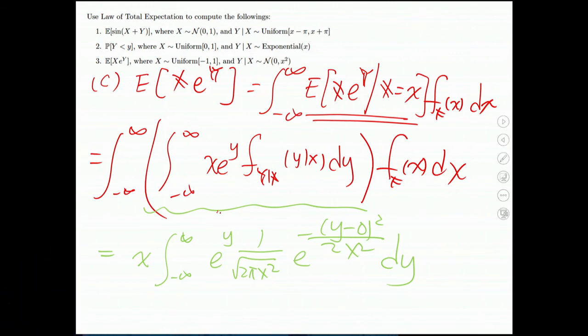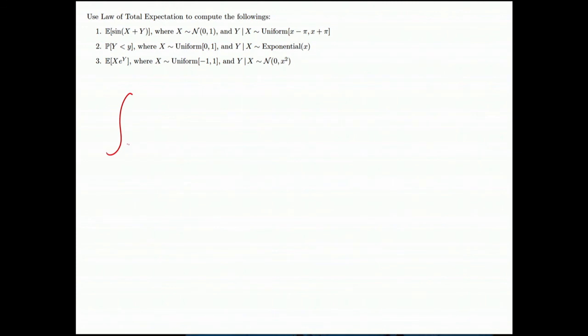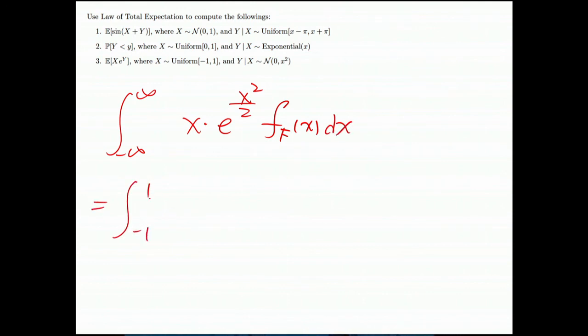So now it is the integral from minus infinity to infinity of x times e to the x squared divided by 2 times f x dx. And now x is uniformly distributed, so it's from minus 1 to 1, and f x is 1 over 2, times x e to the x squared divided by 2 dx.